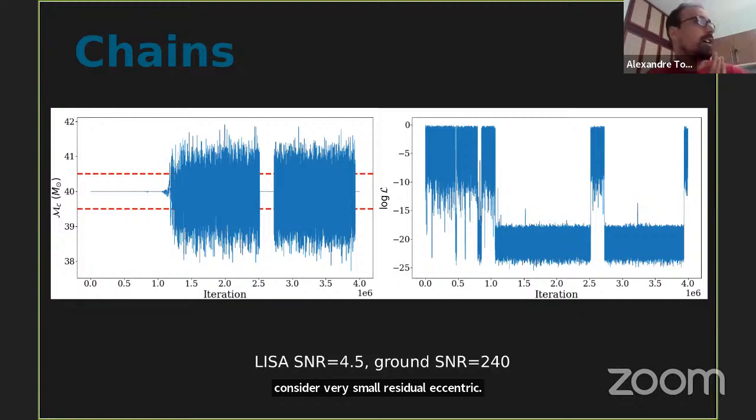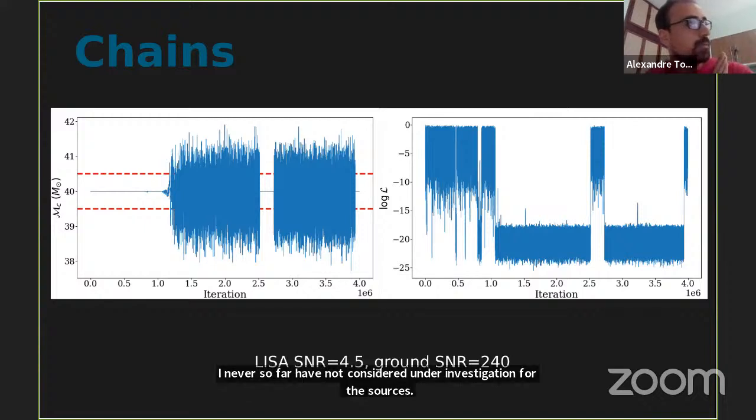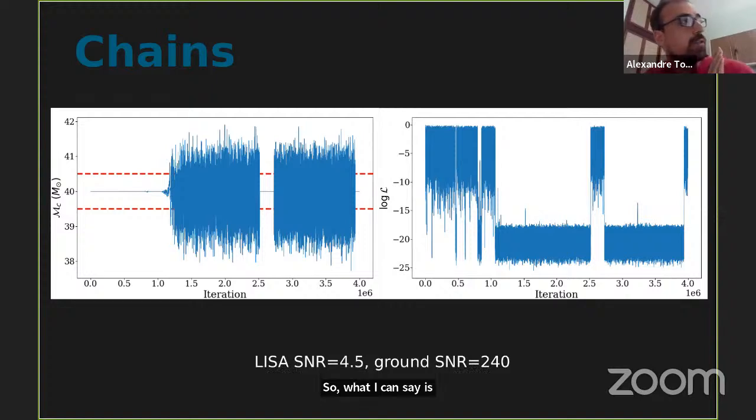As I said, here we are taking only circular binaries, so we don't have eccentricity, and unfortunately I have not considered eccentricity when doing parameter estimation for these sources so far. What I can say is that for the time to coalescence, if I don't put any additional prior with LISA, it's usually measured within 30 seconds to 1 minute.